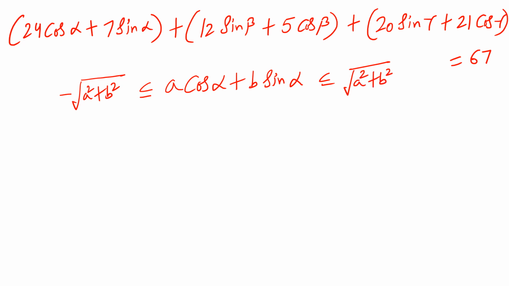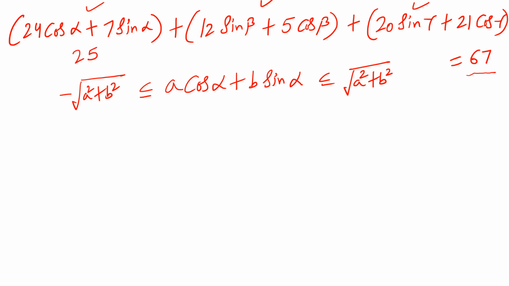Now students, since the right hand side of this equation is a positive number, if I try to find the maximum values of all of these three expressions using this concept, what do I get? The maximum value of 24 cos alpha plus 7 sin alpha is square root of 24 square plus 7 square, which comes as 25.